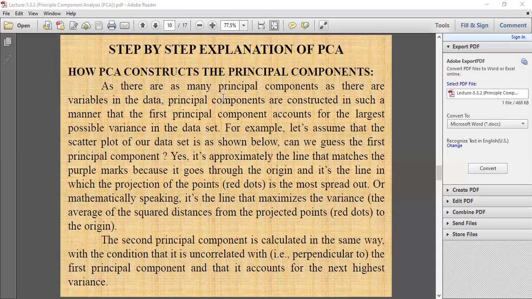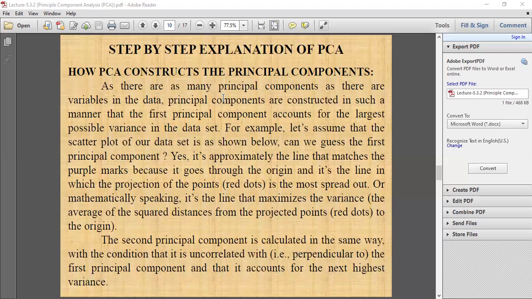Can we guess the first principal component? Yes, it is approximately the line that matches the purple marks, because it goes through the origin, and it is the line in which the projection of the points, the red dots, is most spread out. Or mathematically speaking, it is the line that maximizes the variance, the average of the squared distances from the projected points, the red dots, to the origin.